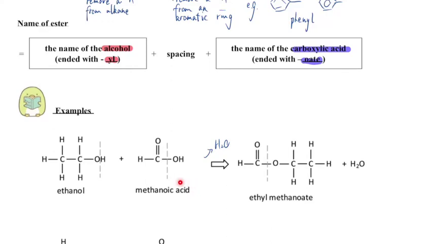Here we have methanoic acid, so we change the ending into methanoate. So the name for this ester is going to be ethyl methanoate. So the name of the alcohol plus the name of the carboxylic acid, but remember to change the ending of these two original molecules.